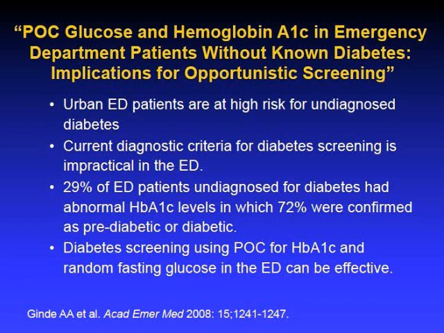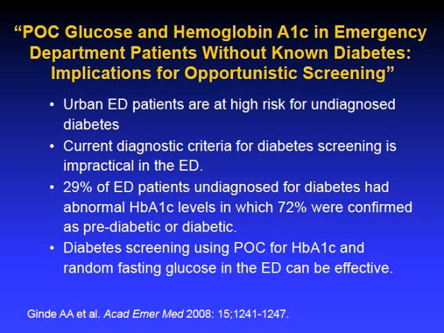The current diagnostic criteria for diabetes using fasting glucose or glucose tolerance tests are impractical in the emergency department. The study showed that 29% of emergency department patients undiagnosed for diabetes had abnormal A1c levels, in which the majority of them were confirmed as being pre-diabetic or diabetic.